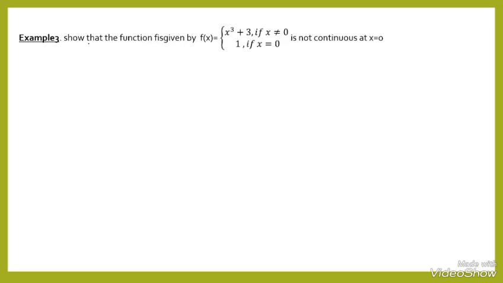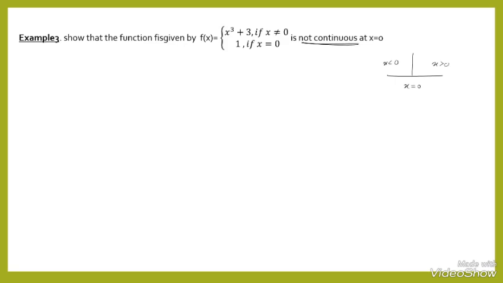First, we have to write the conditions roughly. The function is continuous at the point x is equal to 0 when the values at x greater than 0 and x less than 0, that is the left hand limit, the right hand limit, and the function value at 0 agree.